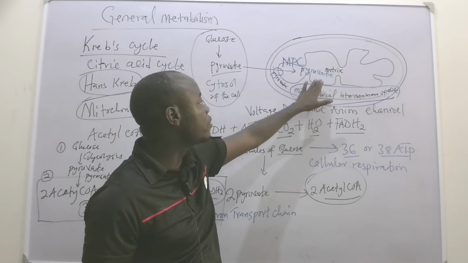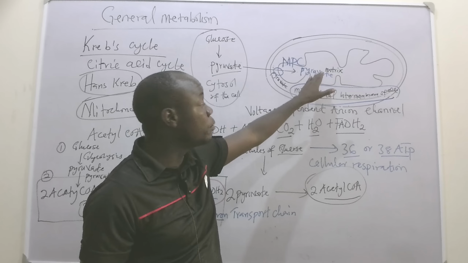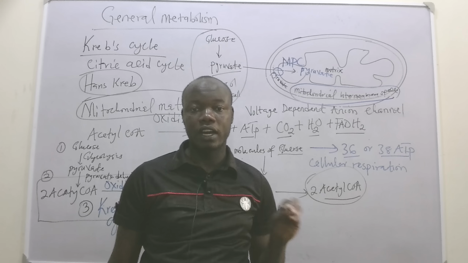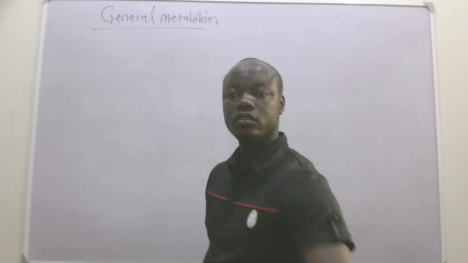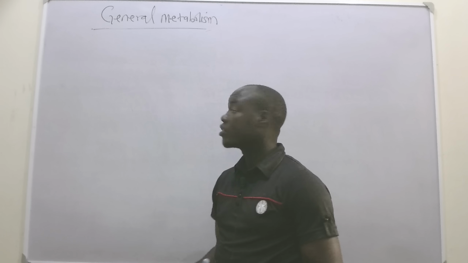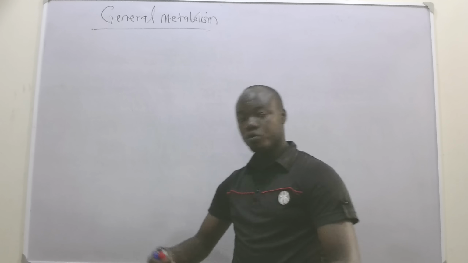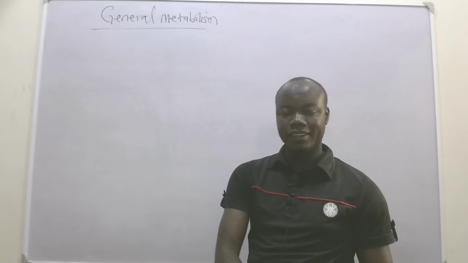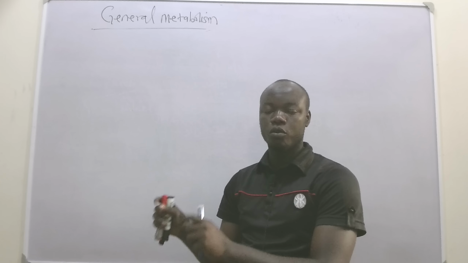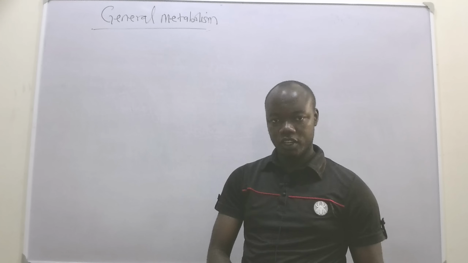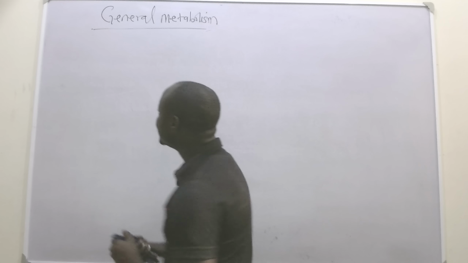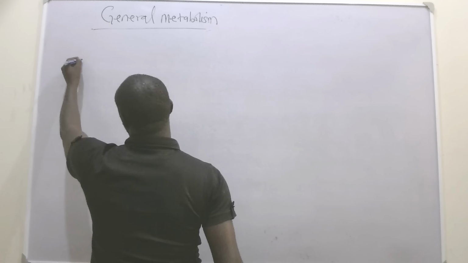So now we have the pyruvate in the mitochondrial matrix. What happens next? We have seen how the pyruvate translocates from the cytosol to the mitochondria. Now, what happens to the pyruvate?